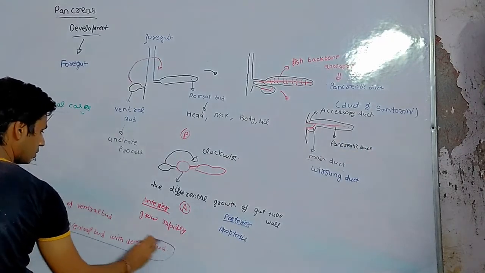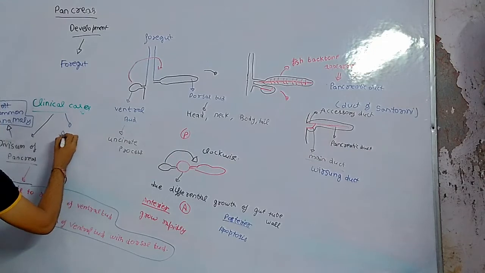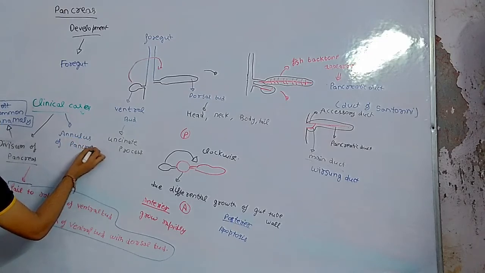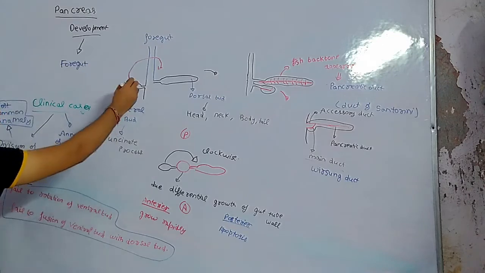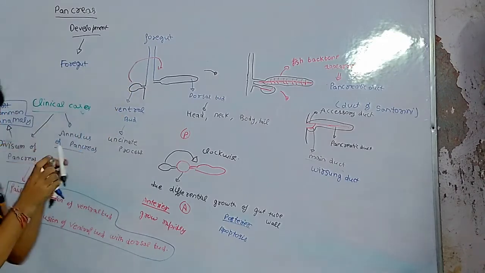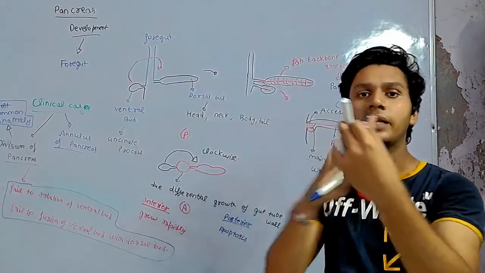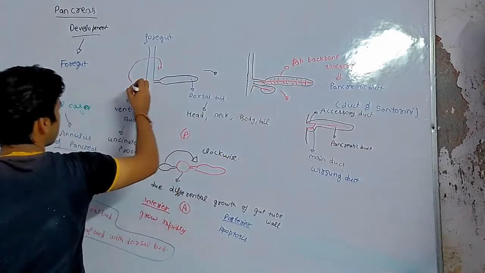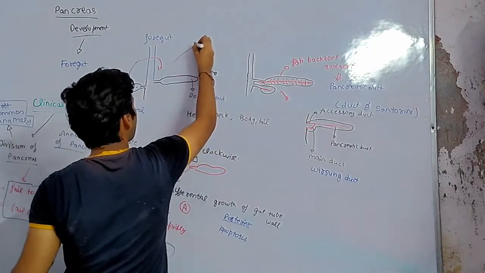Note this. And the second case is annulus of pancreas, in which sometimes the ventral bud divides into two buds and rotates from both sides, posteriorly and anteriorly. The bud is divided into two and covers both sides.